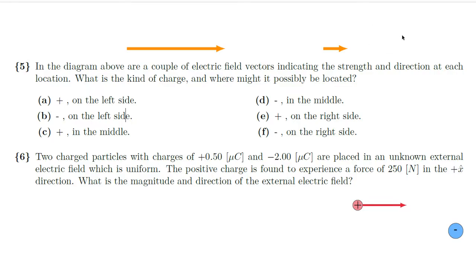But only one is the correct answer, because the size of the arrow indicates the strength of the electric field, and electric fields are stronger closer to the source, which is a charge. Since the electric field is stronger on the left side than on the right, the charge has to be on the left side, positive.